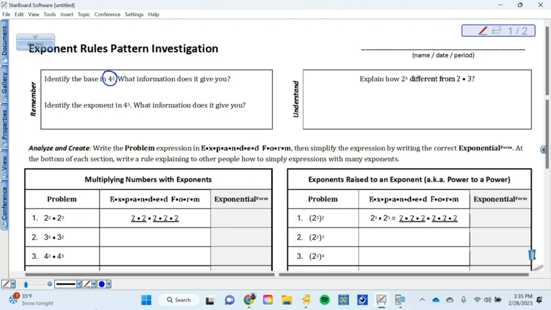What is my base in 4 to the third power? 4. And what does that tell me? What's the significance of the 4? It's the number that you're multiplying. Yeah, it's the number that we're multiplying.